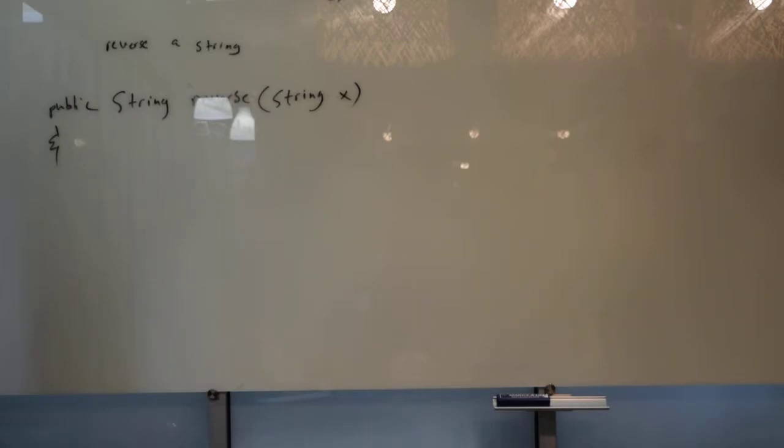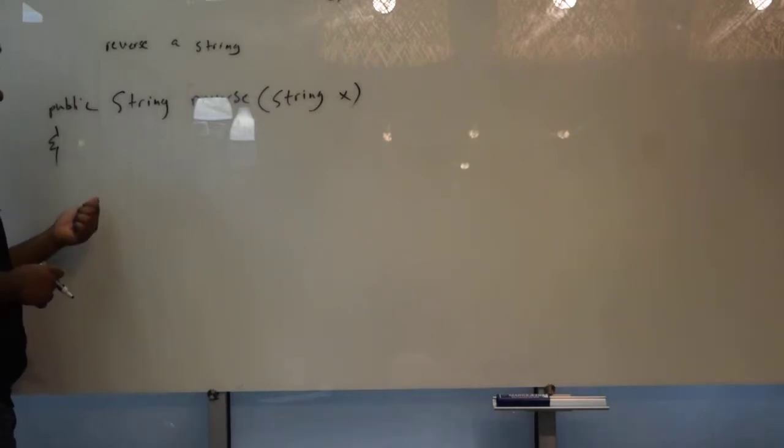But space-wise, what's the complexity? That's linear. It's linear space. Why would you do that? With what you're saying, you're making a new character array every time you do that.